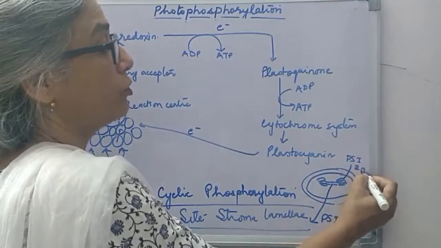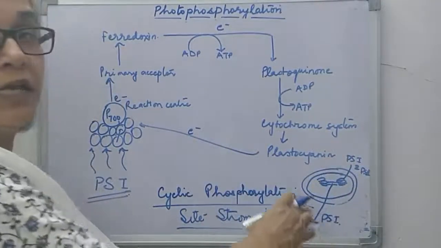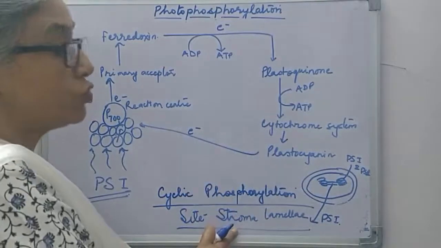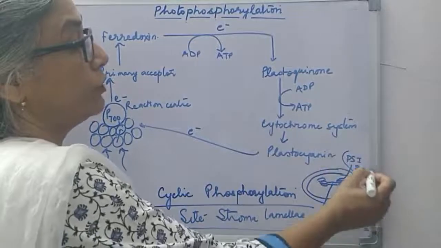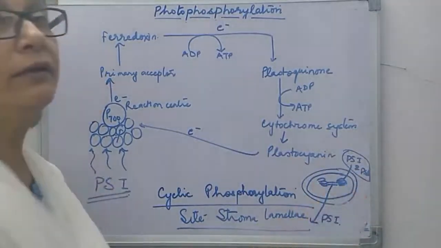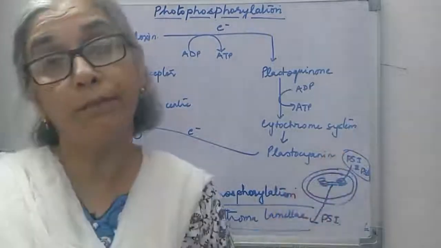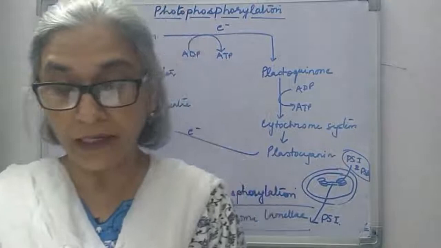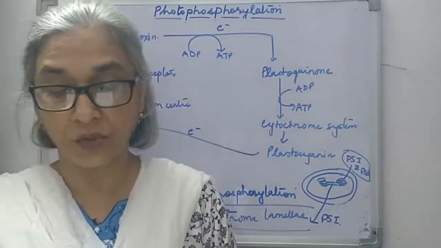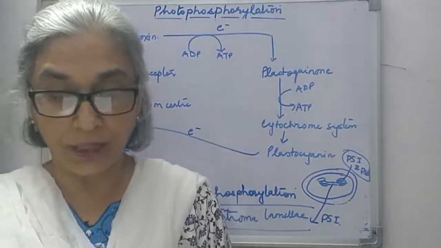So for cyclic photophosphorylation the site is the stroma lamellae, and for non-cyclic photophosphorylation the site is the granal thylakoids, because they contain both photosystem 1 and photosystem 2.